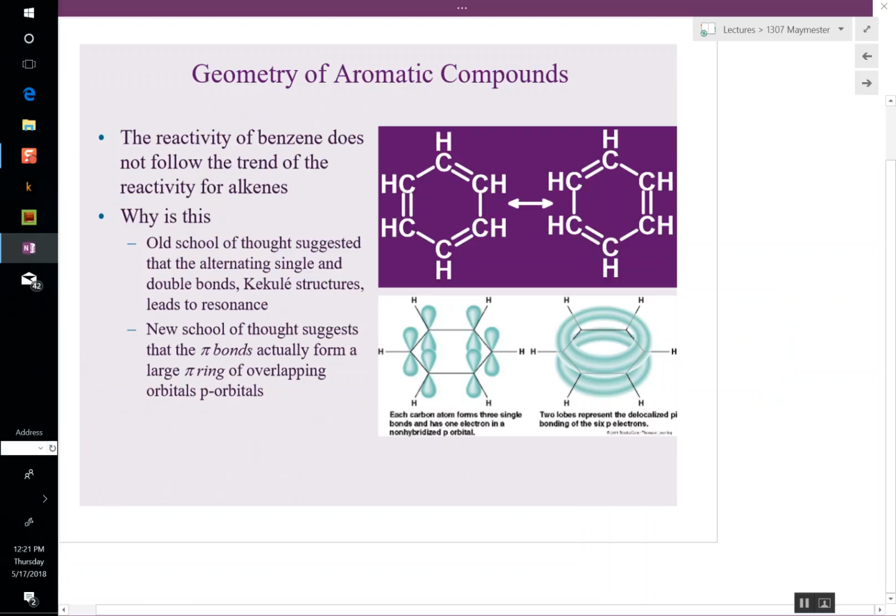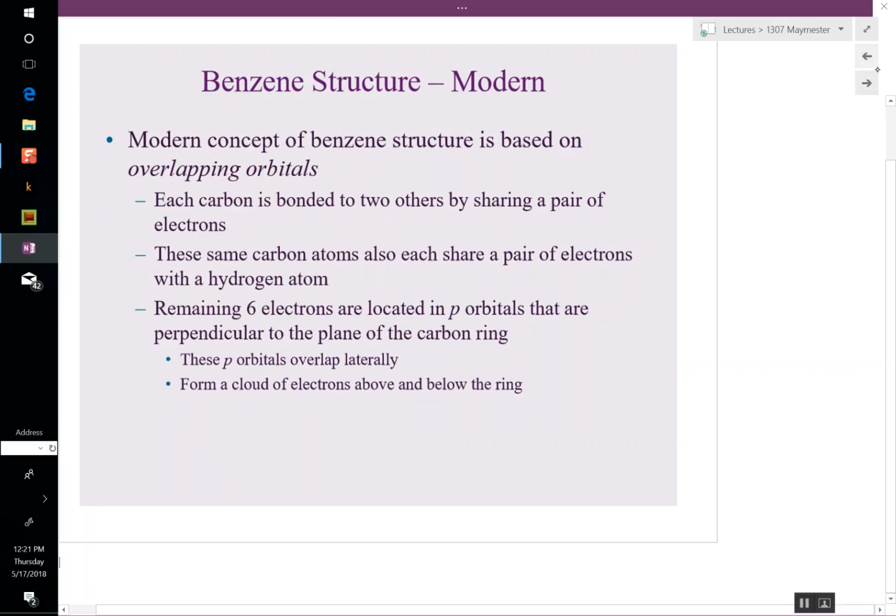And here's what Kekulé got into. These electrons that are being shared get delocalized into a pi cloud above and below the ring. You get this place where these electrons can be found. And you get this little cloud area above and below the ring, overlapping orbitals.